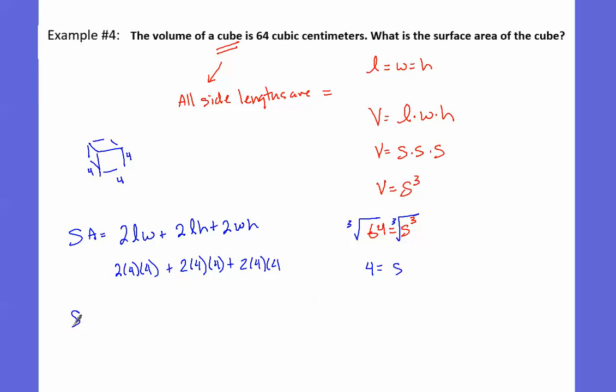All of that would give us a surface area that is equal to 96. We're talking area, so it's going to be centimeters squared.